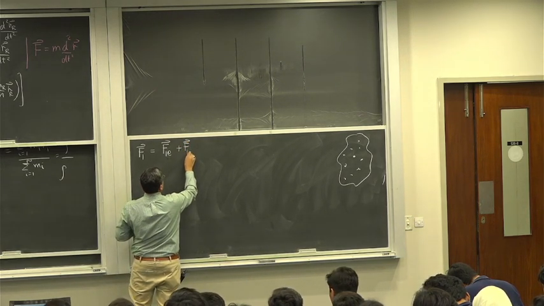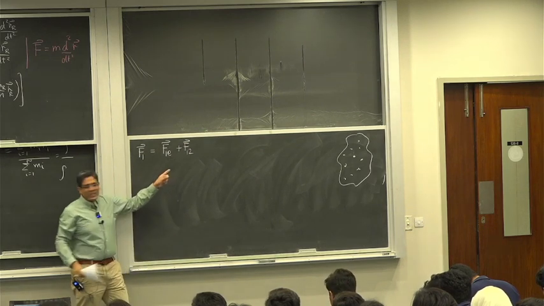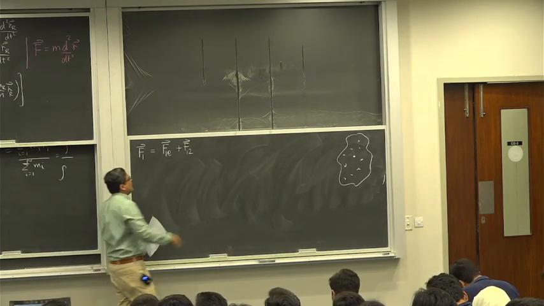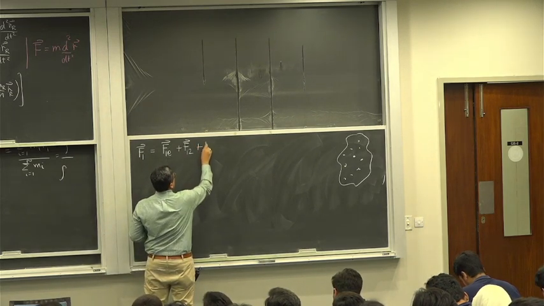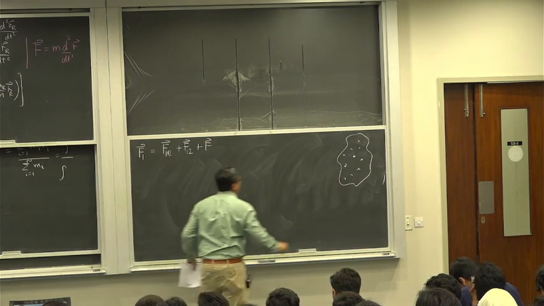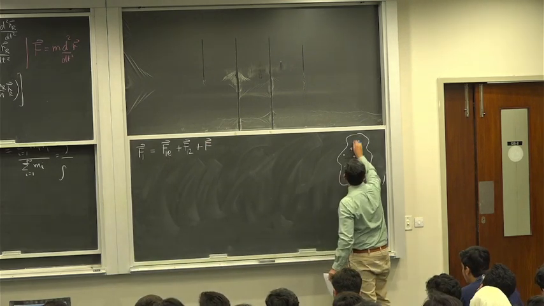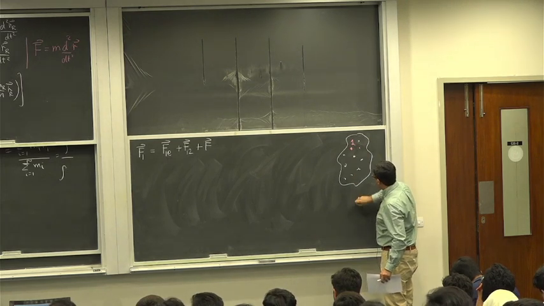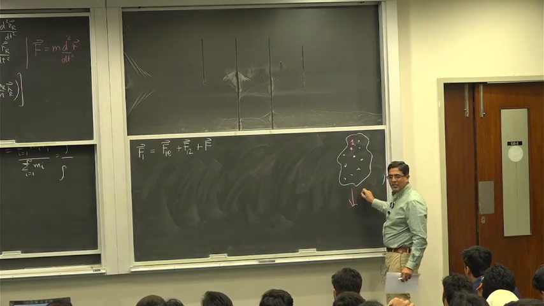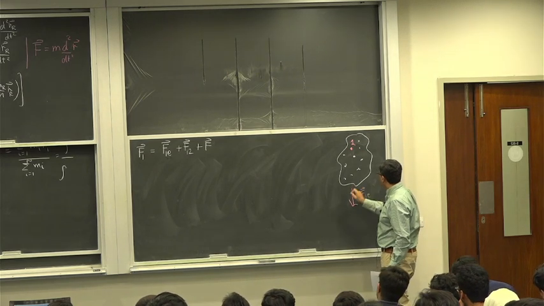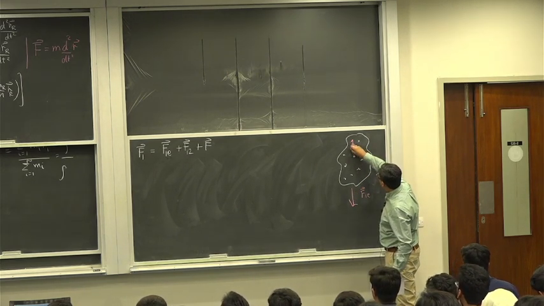The force acting on 1 due to particle 2, F12. I have chosen a given particle. So this is particle 1. It is experiencing some external force, F1e, and all other internal forces.